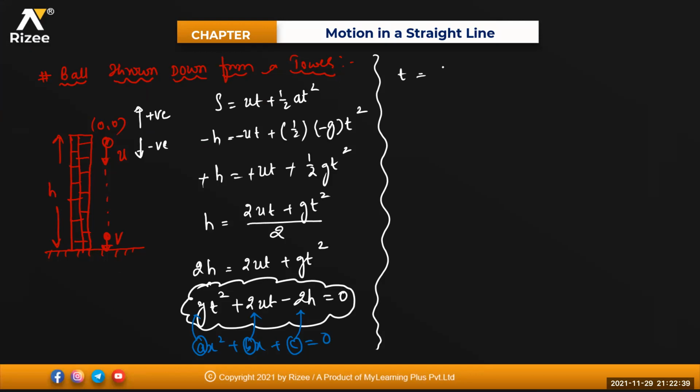Time taken t is equal to minus 2u plus or minus under root of 4 into u square plus 8g into h, divided by 2g. So let's simplify this one.